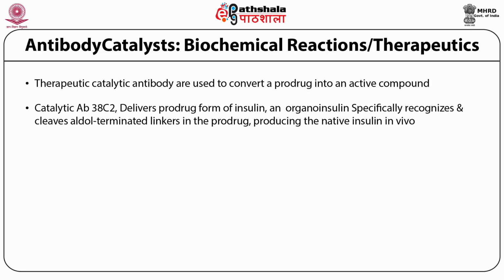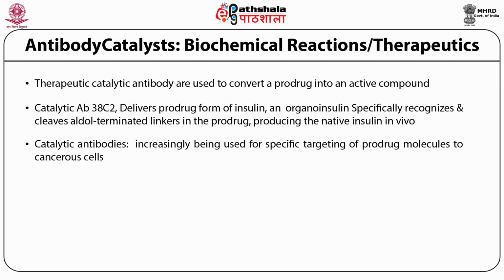So this catalytic antibody actually delivers the prodrug form of insulin, which is an organoinsulin, and specifically recognizes and cleaves aldol terminated linkers in this product. So here insulin has been flanked by aldol terminated linkers, which can be recognized by this antibody to be cleaved in the product, producing native insulin in vivo.